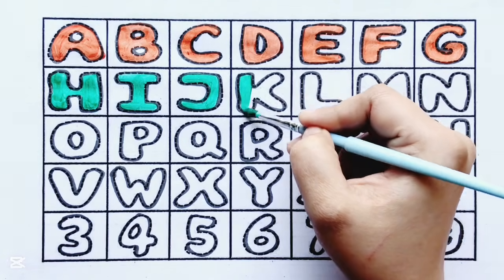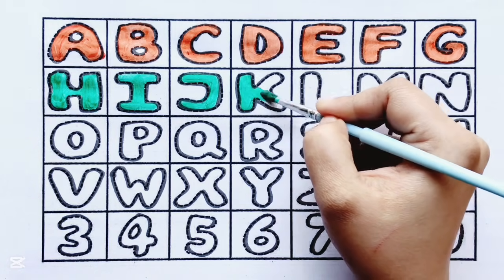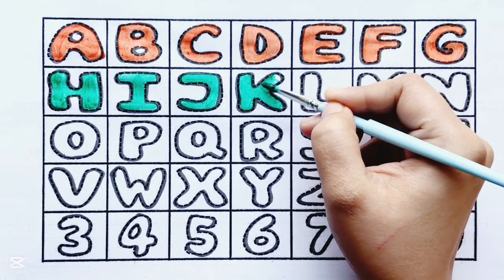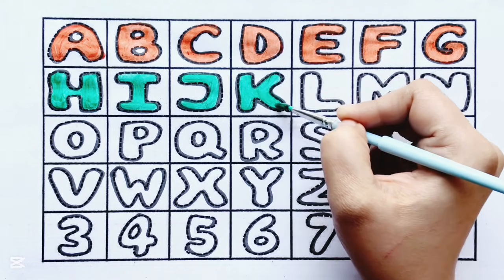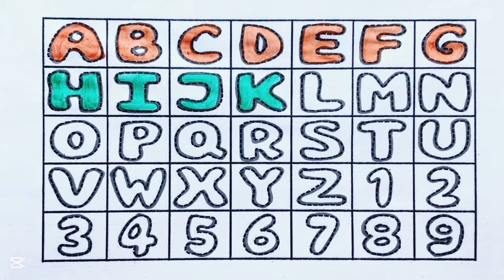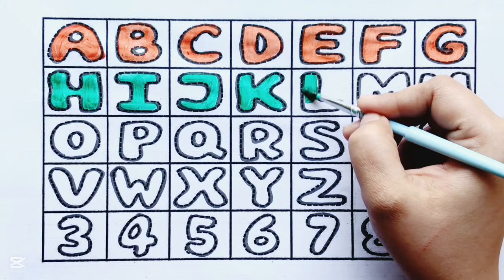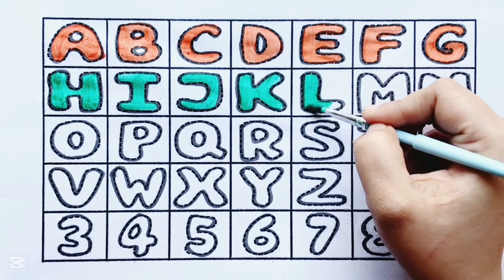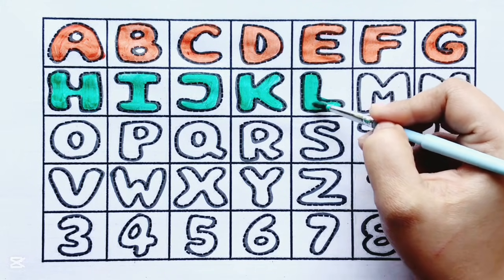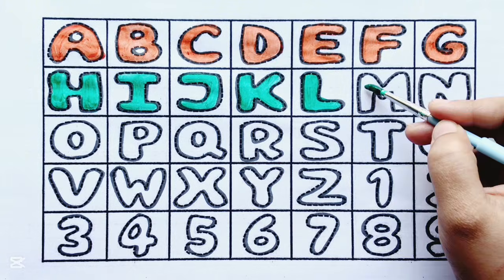K for kite. L for line. Alligator, ant, amazing art. 1, 2, 3, let's go.